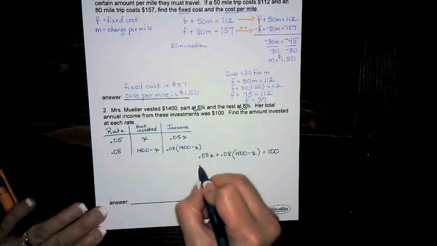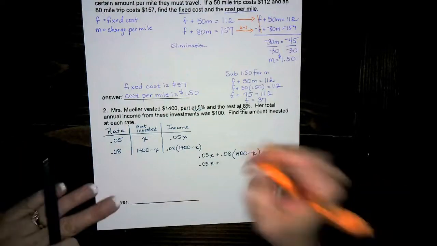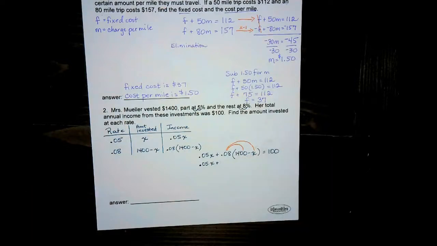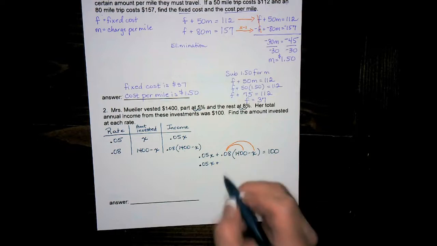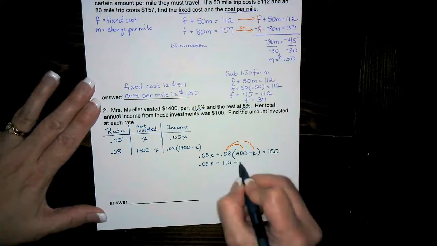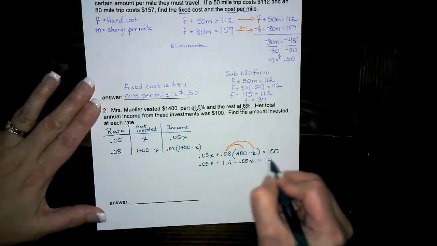So let's go ahead and distribute that 0.08. We'll distribute our 0.08 here. And when I do my 0.08 with my calculator times the 1,400, I get 112. And then times negative x is negative 0.08x, equals 100.